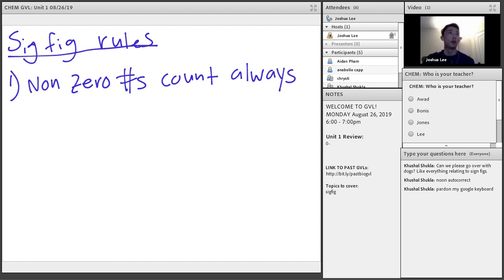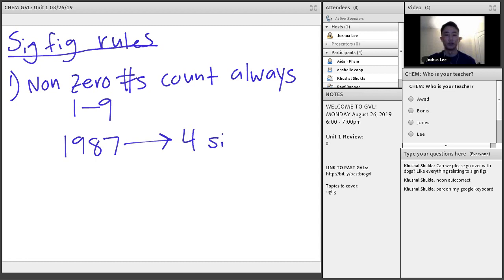Meaning if you're looking at a number or some sort of data point, non-zero numbers will always count. Meaning any number 1 through 9, they'll count. So an example would be something like 1987. That would have 4 sig figs. Because the 1, the 9, the 8, and the 7, they're all non-zero, so they all count.